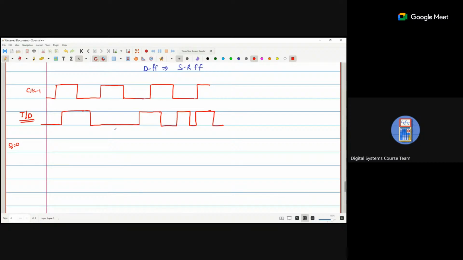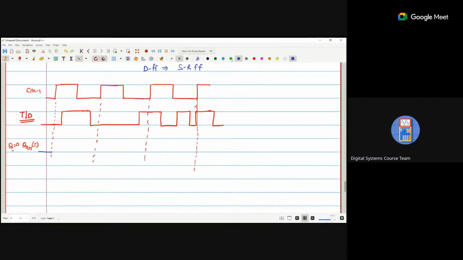Now what happens if I draw Qn plus 1 for the T flip flop? This is my positive edge. What is the output? First of all, for the T flip flop, my previous is 0.